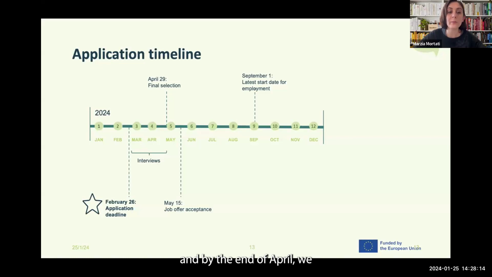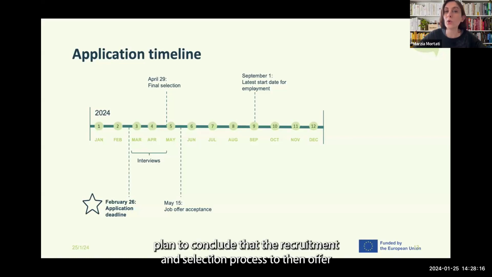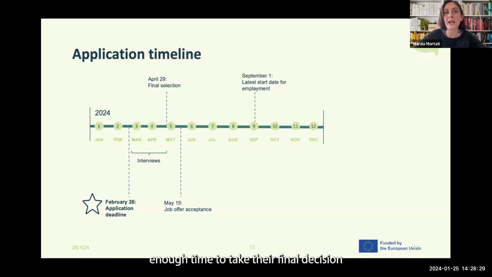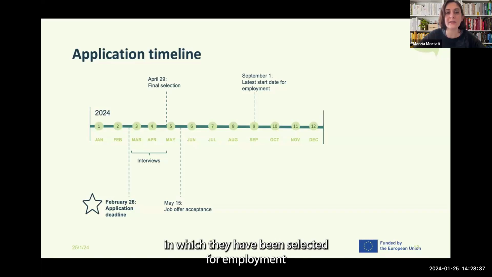And by the end of April, we plan to conclude this recruitment and selection process to then offer those selected candidates the job, the position, by mid-May, to give candidates enough time to take their final decision, start preparing for moving to the university in which they have been selected for employment.